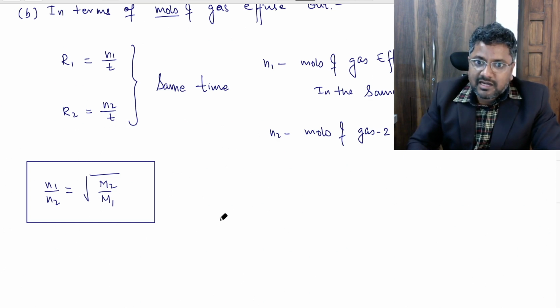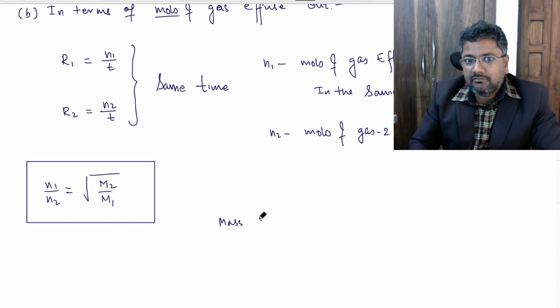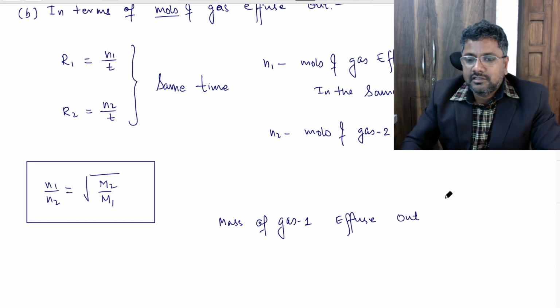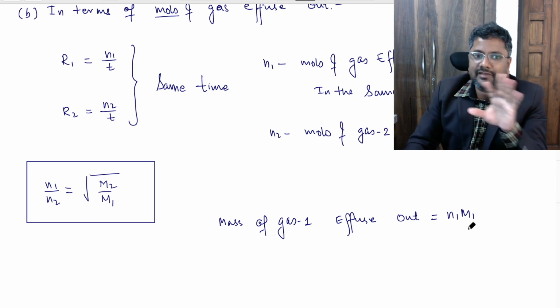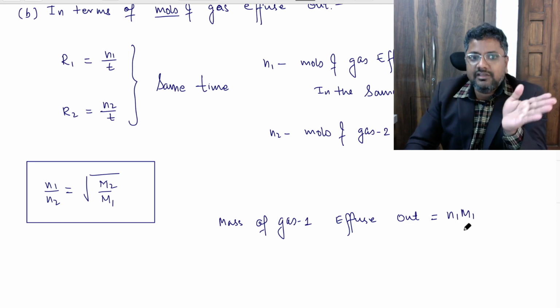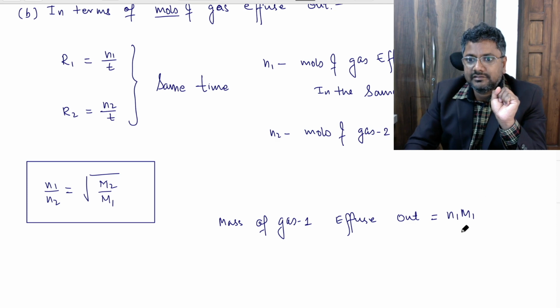So mass of gas 1 effused out is equal to N1 M1, moles of gas 1 effused out into molar mass, because we do not have any equation in which we can directly relate the mass, right?